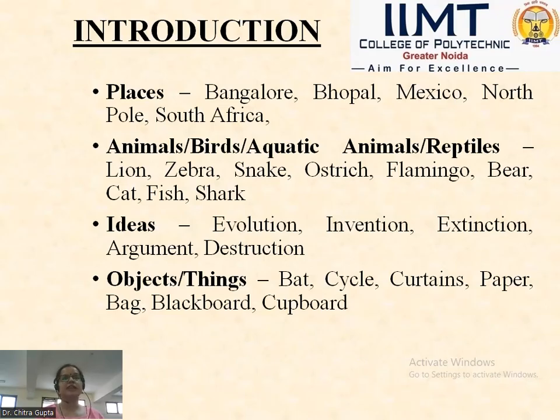For birds, animals, aquatic animals, reptiles: lion, zebra, snake, ostrich, flamingo, bear, and so on. For abstract ideas: evolution, invention, discovery, extension, argument, destruction, etc. For objects and things: bat, cycle, curtains, paper, blackboard, whiteboard, cupboard, bag, table, chair, and so on.